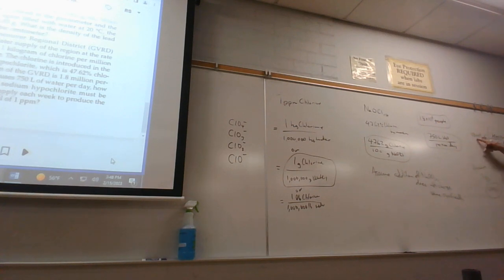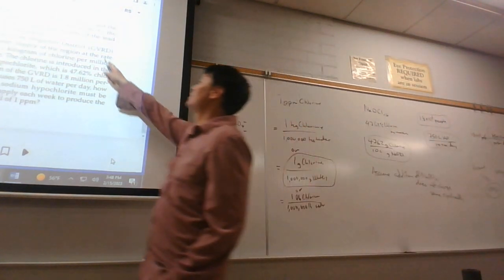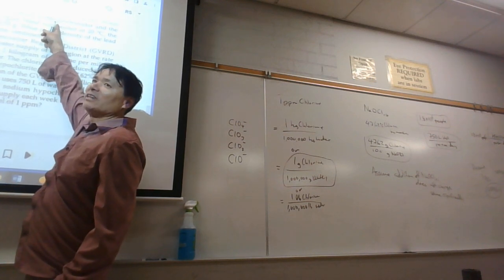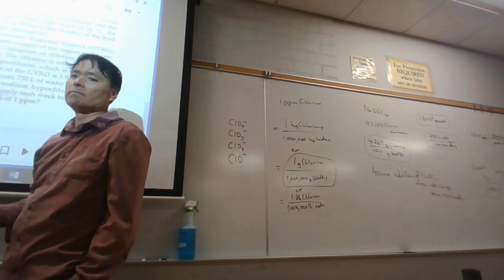But I want 3 sig figs because I'm given 2 sig figs here. Is it safe to assume the density of water is 1.00 grams per milliliter? Not if it's at 20 degrees. If it's at 20 degrees, the density to 3 sig figs is 0.998.